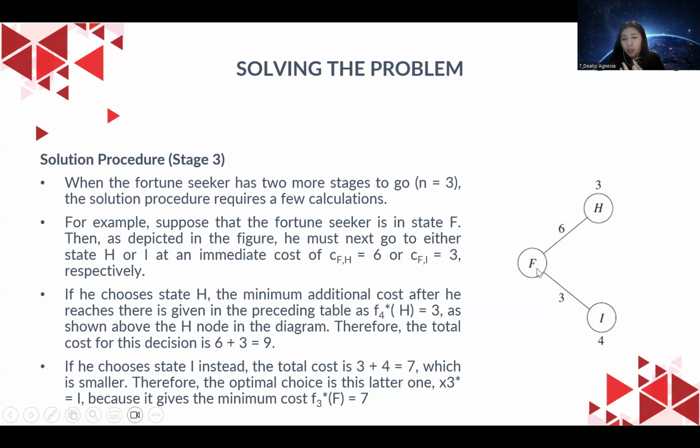In this case, going from F to I is cheaper, with a total cost of 7.